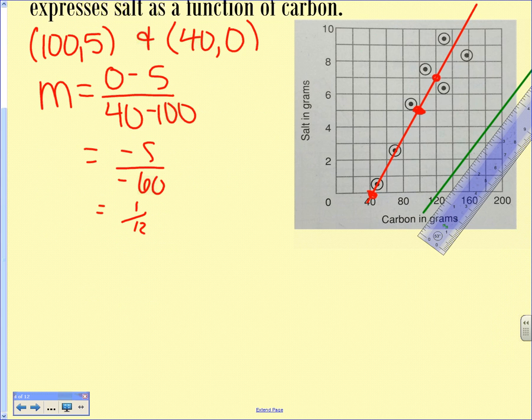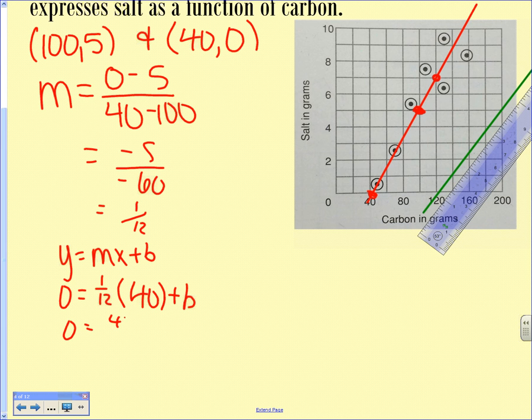So we have y equals mx plus b. So our y is 0, our m is 1/12, and our x is 40. Y'all see how that works? Okay, so 0 equals 40 over 12 plus b. So b equals negative, those both divide by 4, which would be 10 over 3.